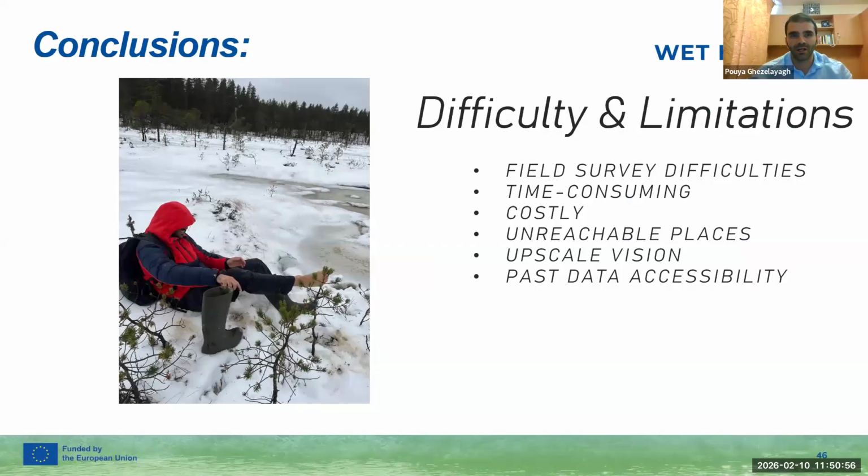And to wrap up my presentation, I've also added one more slide that shows the difficulties and limitations of the remote sensing approaches. And I also wanted to say that even though remote sensing is not yet perfectly accurate, it gives us a much better understanding of the environment, especially of the global impacts on the environment.